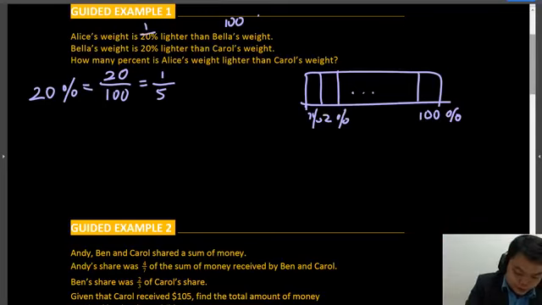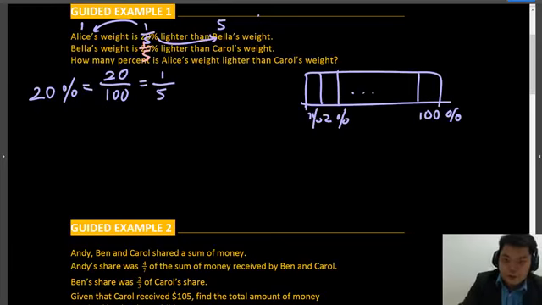So over here, change this to 1 out of 5. And change this to 1 out of 5 as well. Okay, so the key thing here is that Alice's weight is 1 and Bella's weight will be 5. Okay, reduce it down to simplest form so that it will be easier to work with.